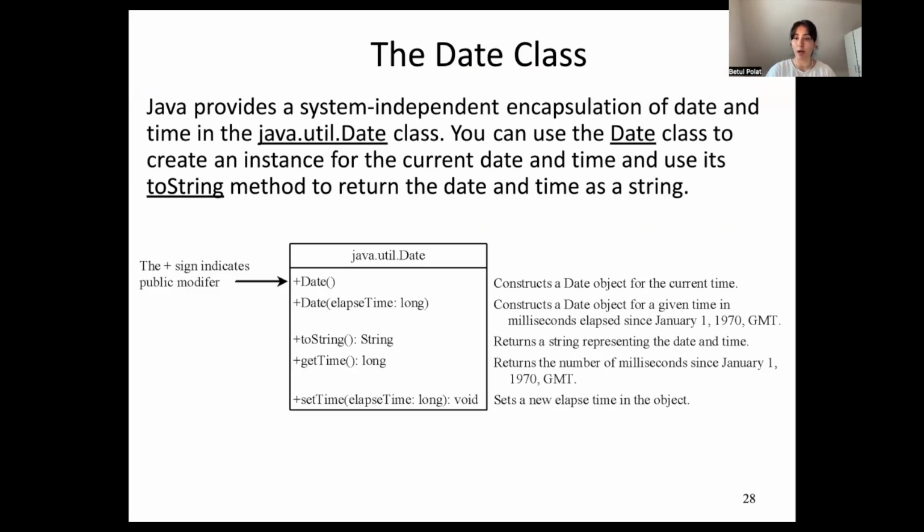But if we have a private modifier, the informations are not visible by any classes. And if we have a protected modifier, this modifier can be seen only in the same package, or only the methods can be seen by other classes. If they're in the same package, it can be seen. This is for the protected modifier.